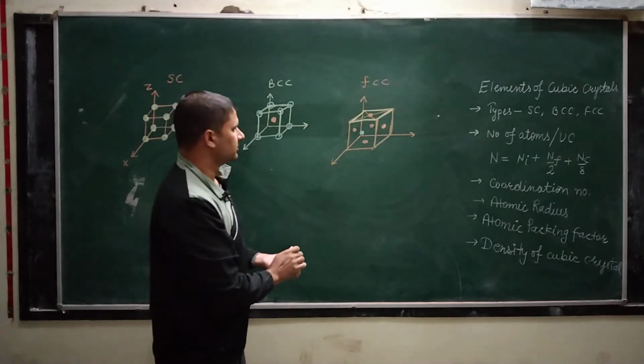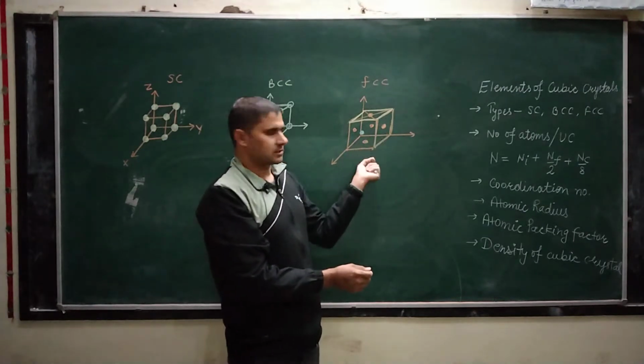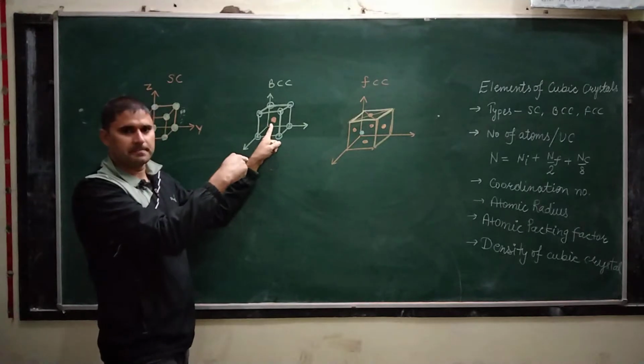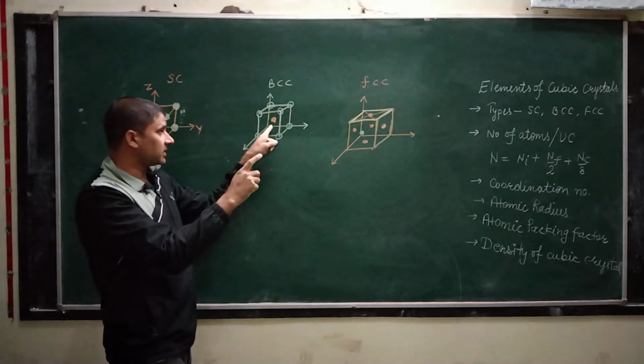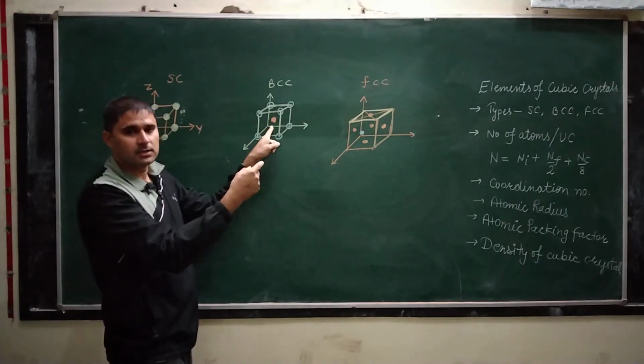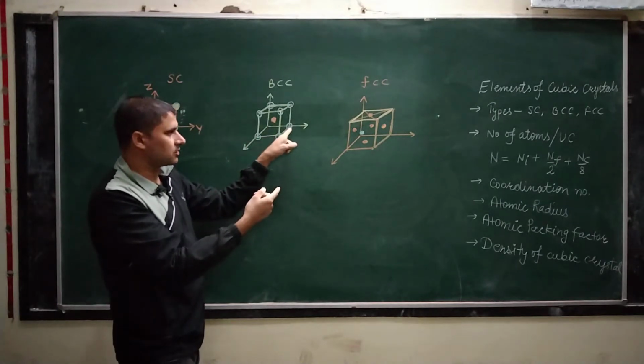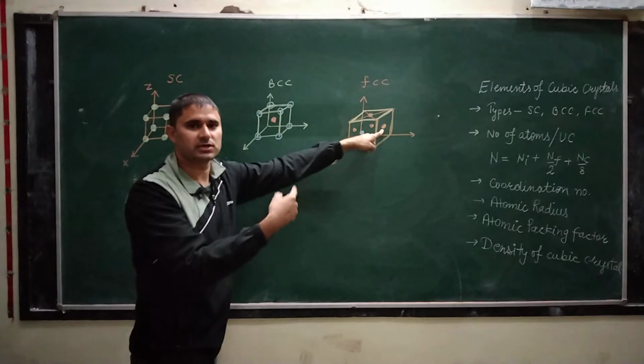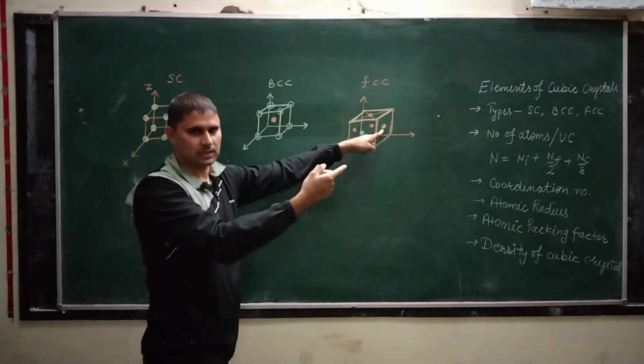Okay class, meaning a particle which is present just inside the cell is shared by this cell only, and the particles which are present at the corner and at the face are also shared by other unit cells.